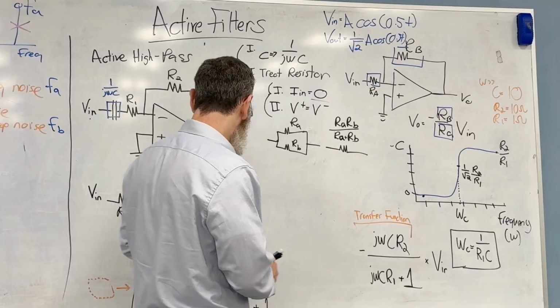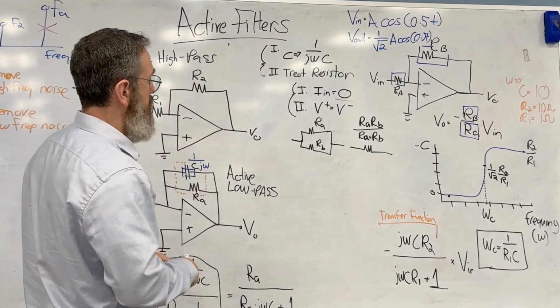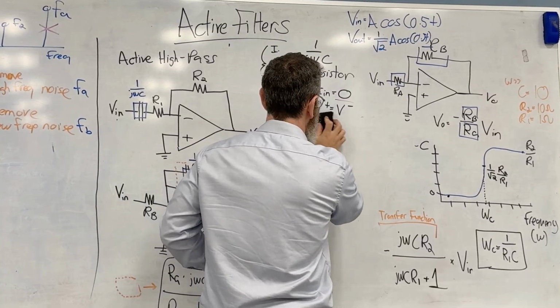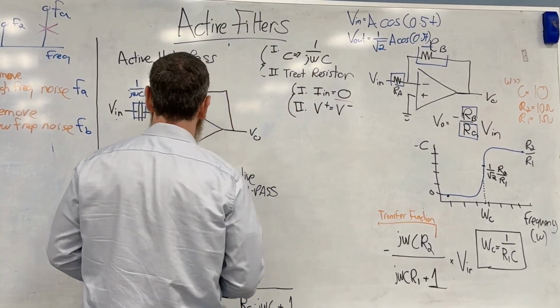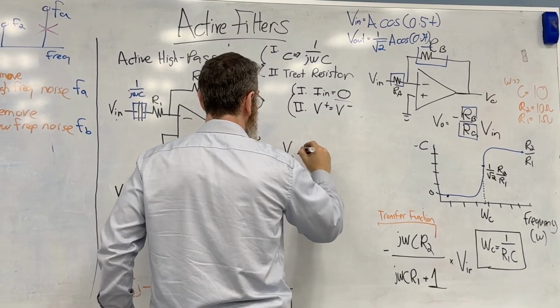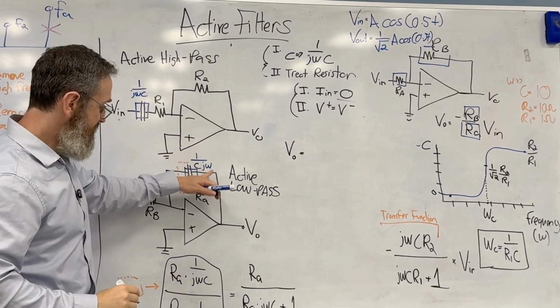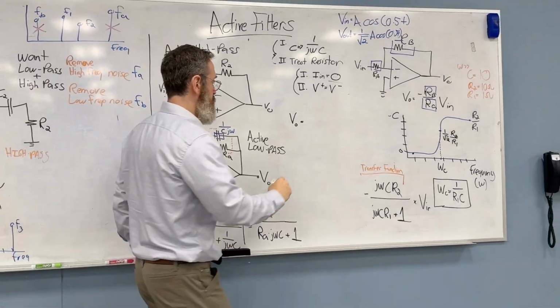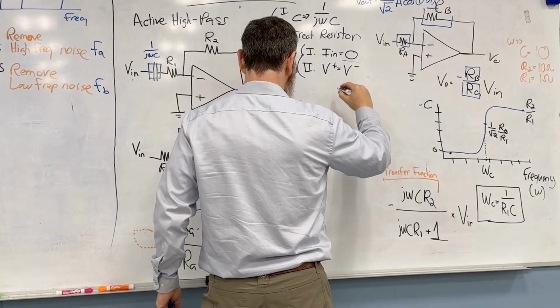And so we can now write in a single step that V out is going to equal the negative of this side. Well, that's this negative here, right? So I'm going to say, well, we'll just put a negative here.